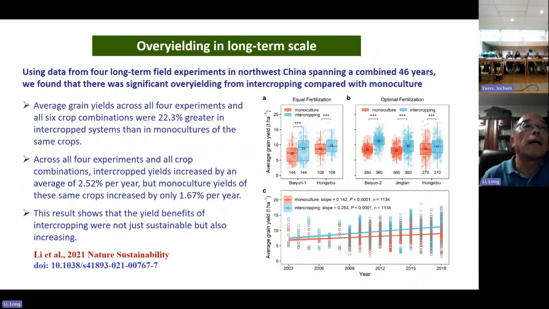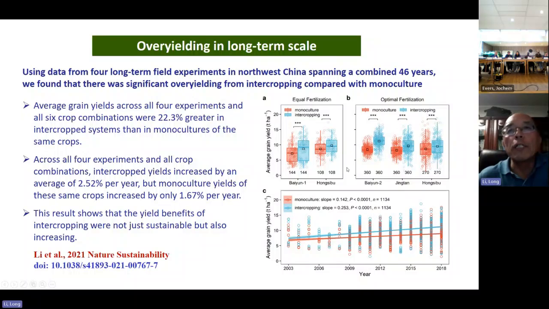So what is the result? We used about 4 to 6 years of data, and we have many crop combinations. We found that average yield across all 4 experiments and all 6 crop combinations was 22% or greater in the intercrop system than in monoculture of the same crops.